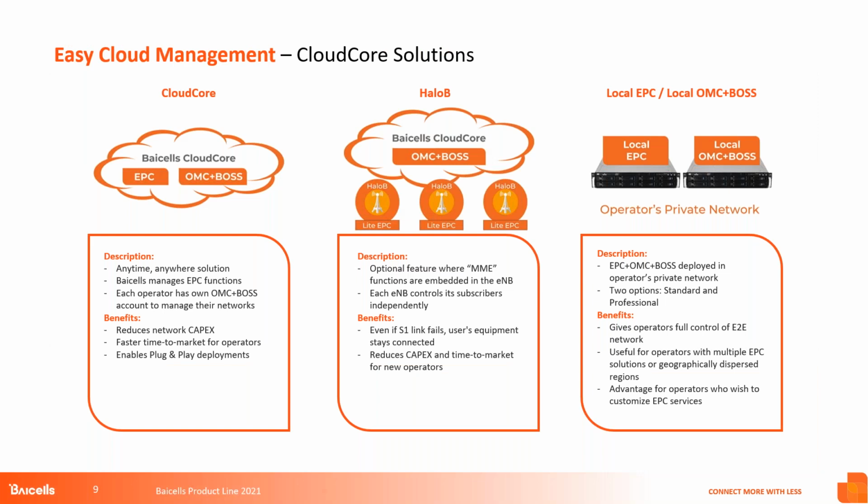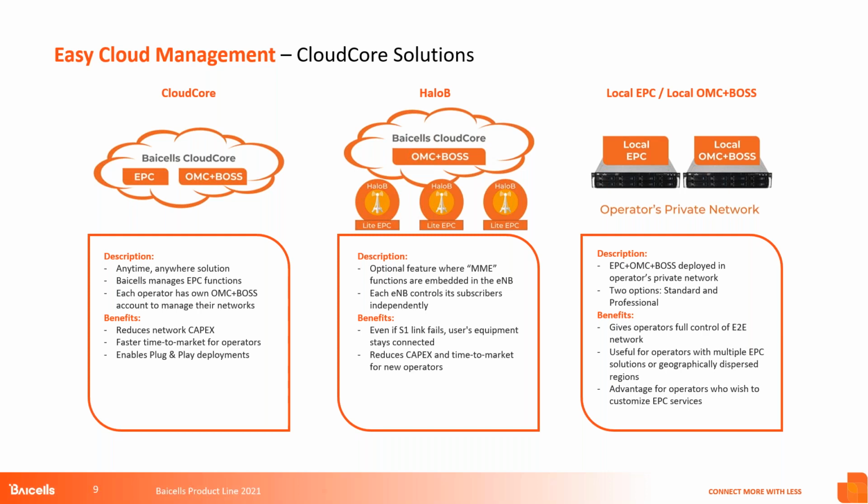So from the fundamental standpoint, those 3 food groups, the first one is on the core side. From a Baicells perspective, there are a variety of ways that you can put this together. Our cloud core is the easiest way and is where the majority of our customers live and breathe.